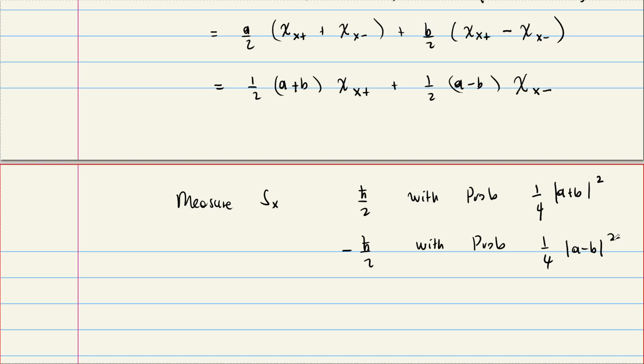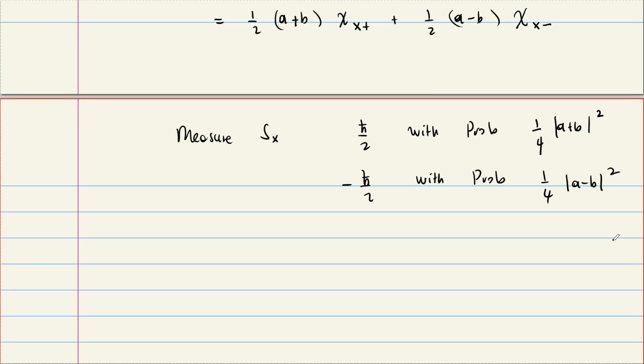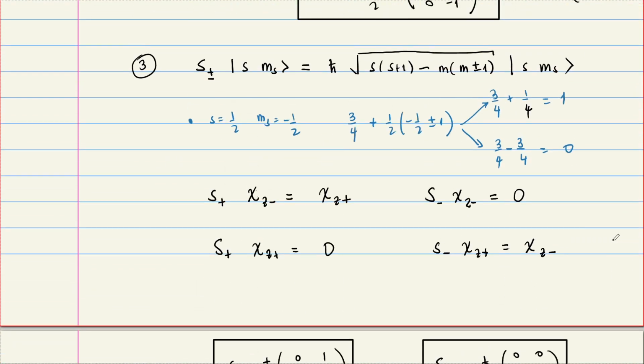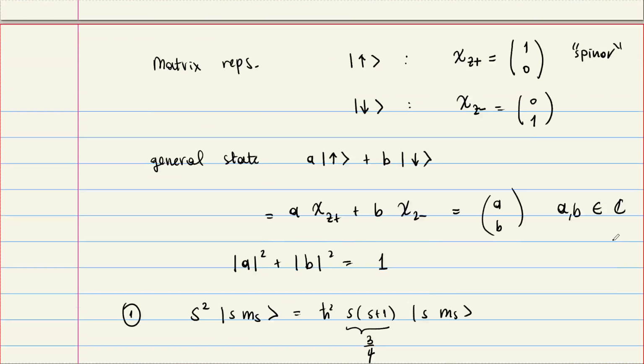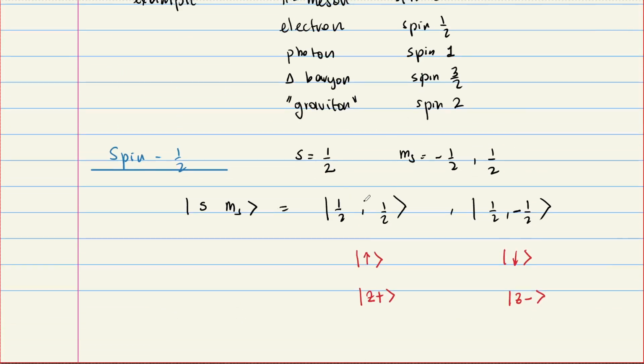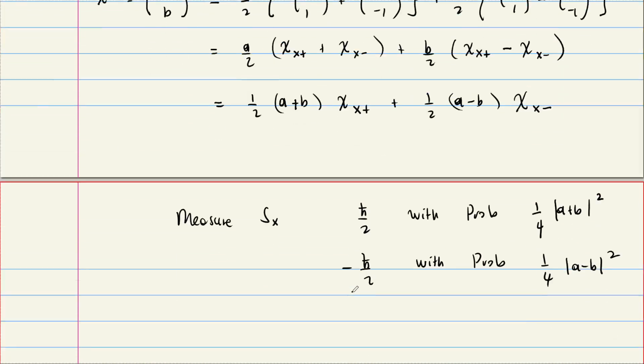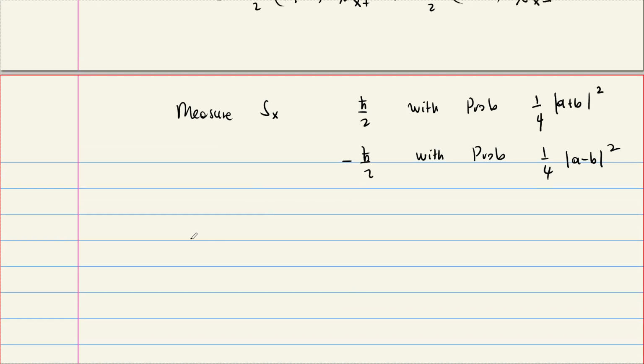And because of this, some people want to use another notation. I already introduced you to two notations. So I have this notation, this is one notation, this is another notation, this is a third notation, and because of this result, some people also want to use this one for x.